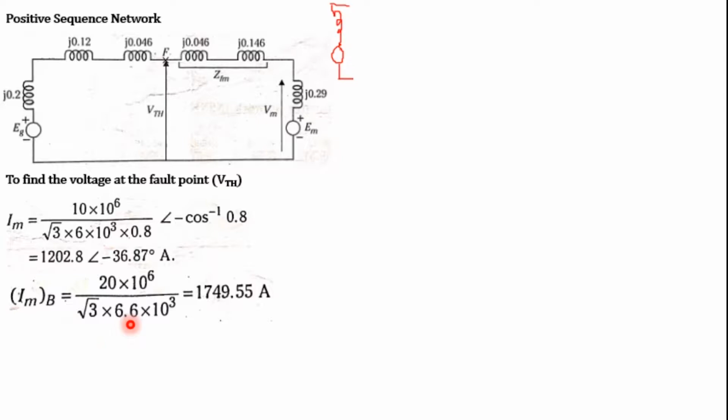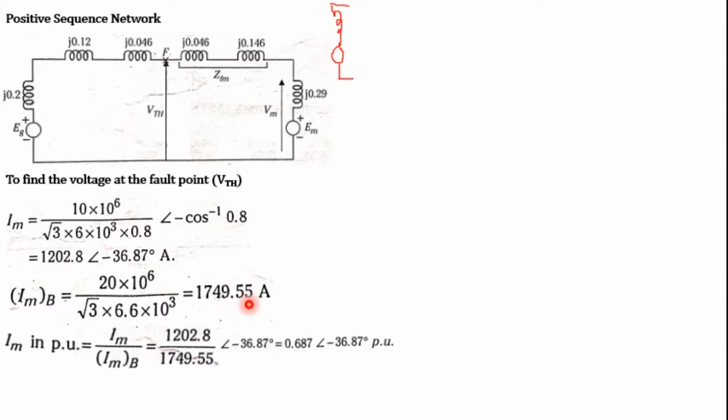Here this value is in terms of MVA, so do not consider any power factor. So this is 20 MVA divided by root 3 into 6.6 kV, we will get 1749.55 amperes. So convert these values in terms of per unit. Actual value is 1202.8, base value is 1749.55. So we'll get 0.687 at an angle of minus 36.87.